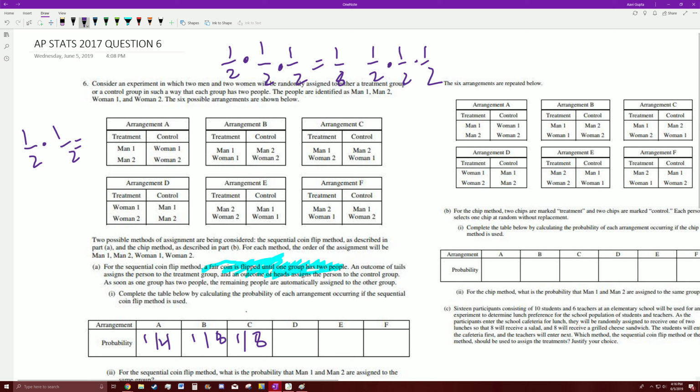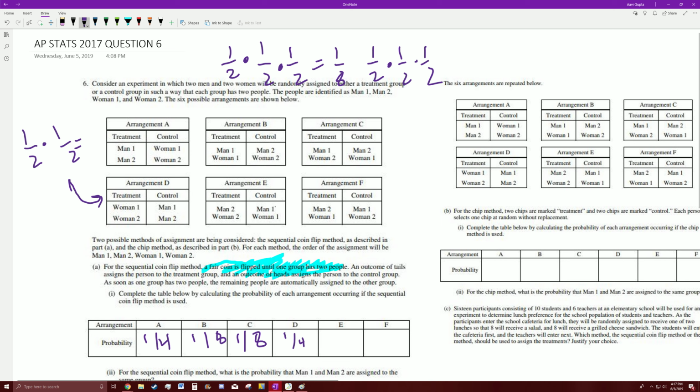Make sure you're as neat as possible with this. Arrangement D, man 1 flips a coin, gets that. Man 2 flips a coin, the same group, so this control is automatically filled. So that means woman 1 and woman 2 are then assigned to this group. So now it's the same exact thing that happened in A, so this is a 4th.